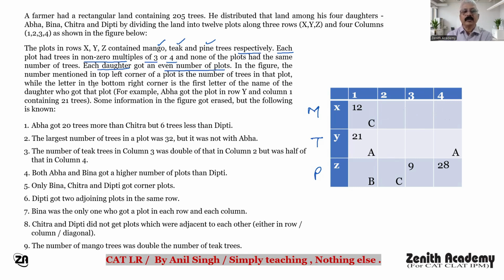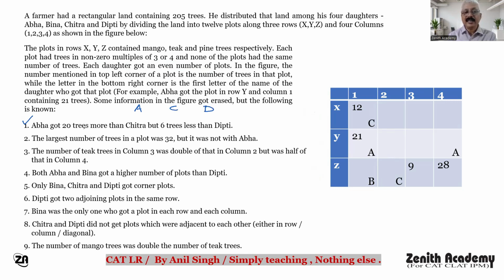In the figure, the number mentioned in the top left corner of a plot, this we already know the nature of the given information and this table. Now see condition number 1: Abha got 20 trees more than Chitra, but 6 trees less than Deepti. We can take Abha, Chitra, and Deepti.